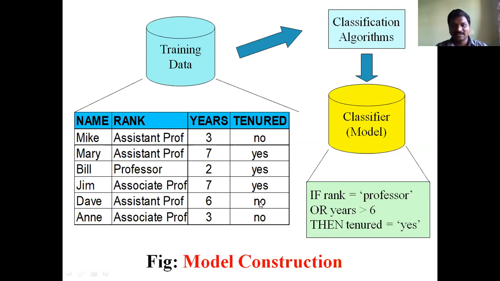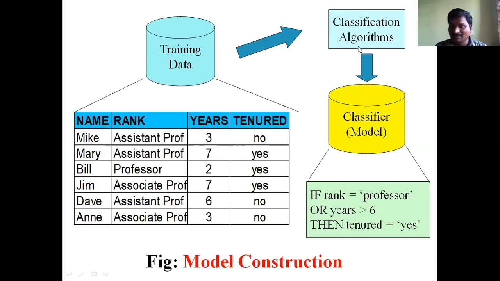In this way I give the training data to the classification algorithm. The algorithms here are decision tree and rule-based classification algorithms. Some of the decision tree algorithms are C4.5, ID3, and CART. You can use any kind of algorithm here; J48 is one algorithm.